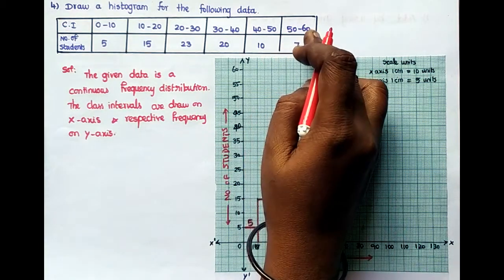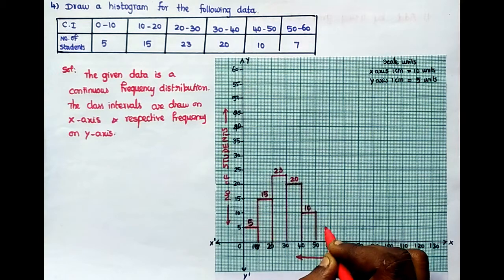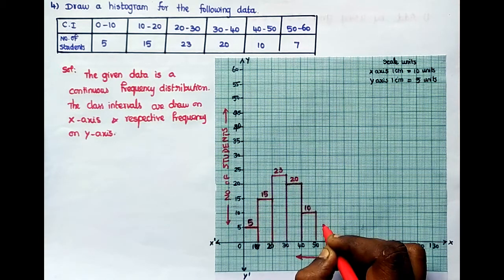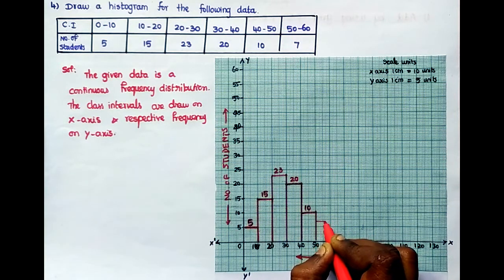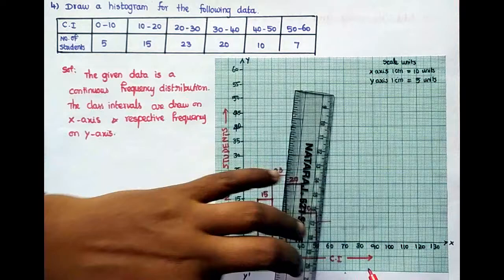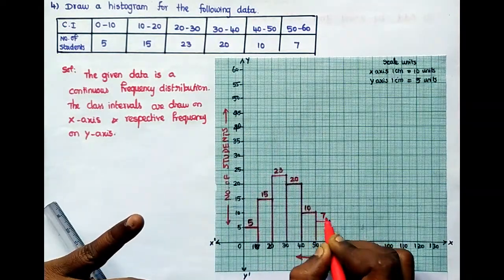Next 50 to 60, 7. So after 5, 2 lines 6 and then 2 lines 7. So after 4 lines we draw the line, that is 7.